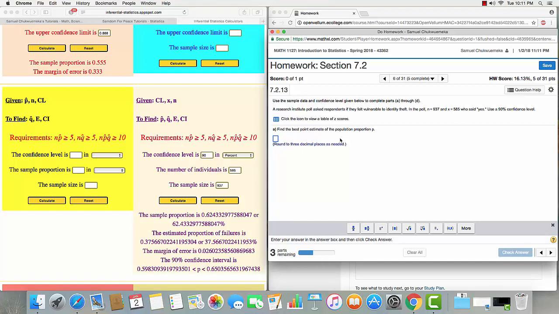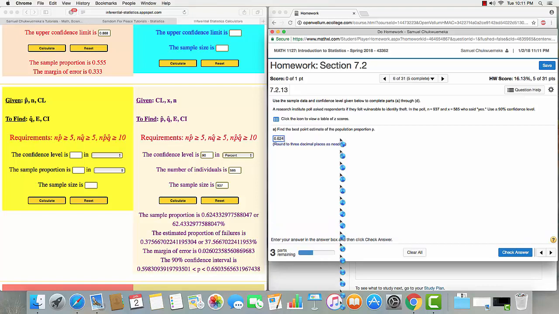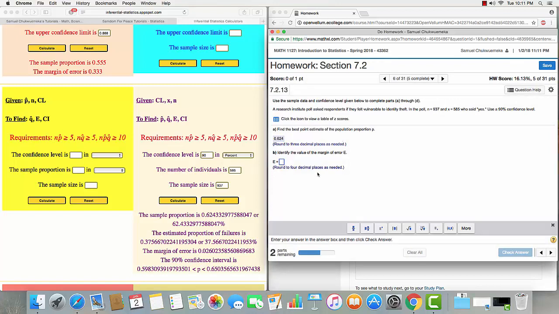To 3 decimal places, the sample proportion is 0.624. Okay. The margin of error is 0.